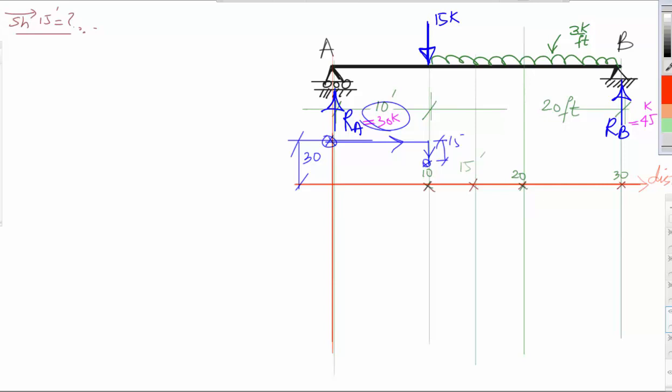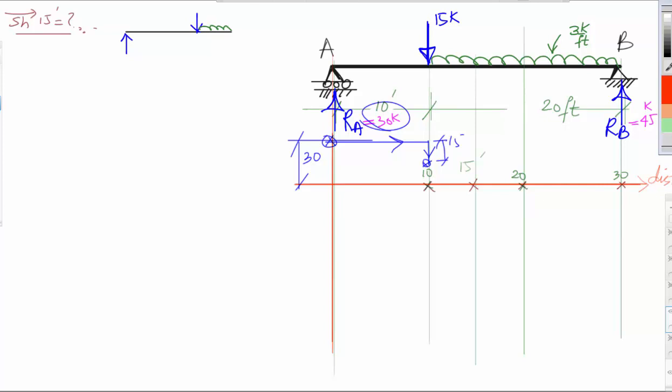So for that one, the sketch for this part will be, then we have the uniform load also on top of it.